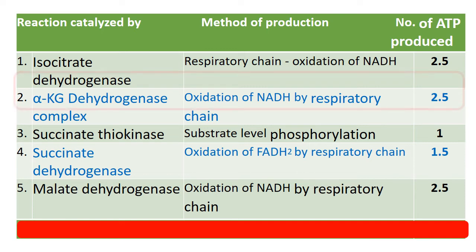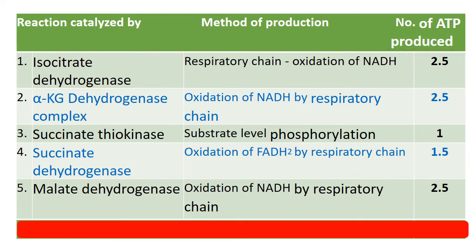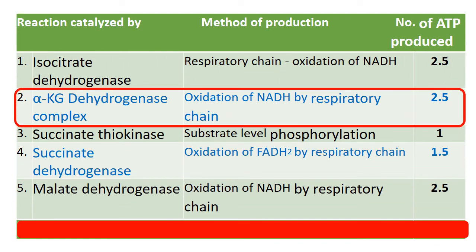The first step is isocitrate dehydrogenase, which converts isocitrate into alpha ketoglutarate, and there is a production of NADH, which through the respiratory chain gives a total of 2.5 ATPs. The next step is catalyzed by the alpha ketoglutarate dehydrogenase complex.